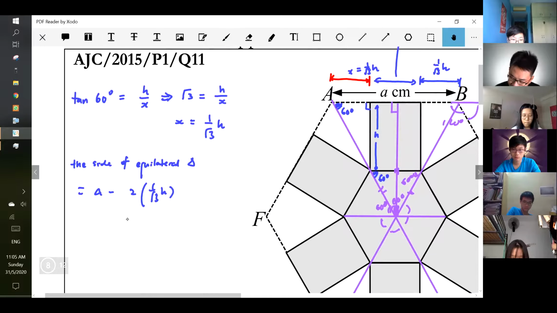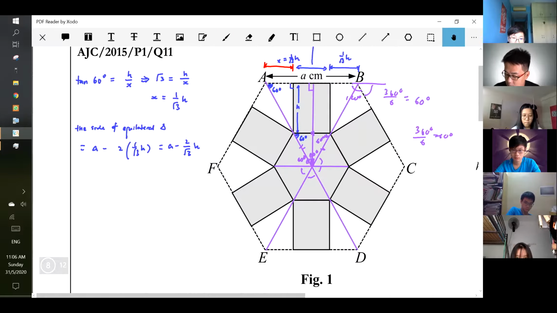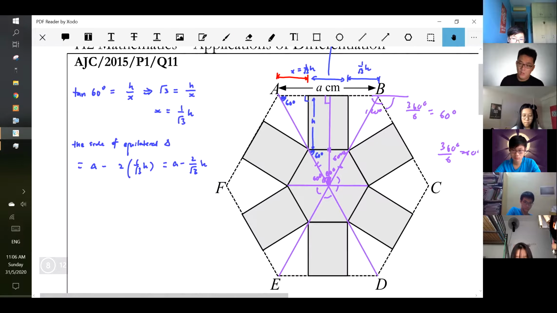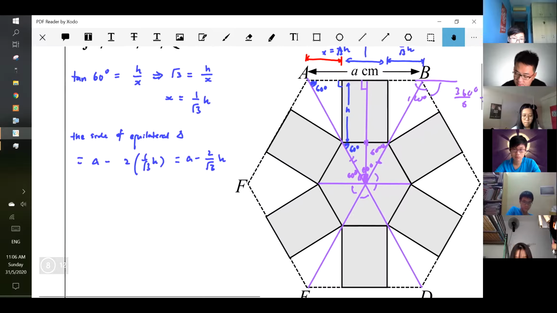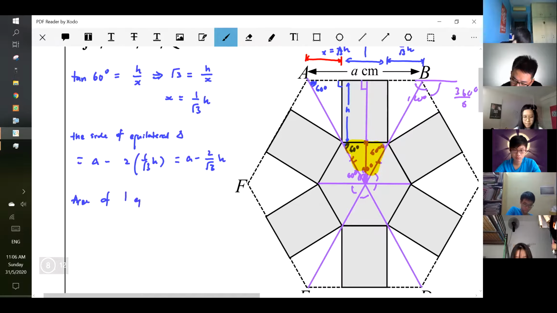The next part would be finding the area of one equilateral triangle. Then you times 6, because you need the base area times the height. So that's one way. There are many ways to solve this. I'm just giving you one of the ways. So I'm just gonna find the area of one equilateral triangle, which will just be half times AB sine C.